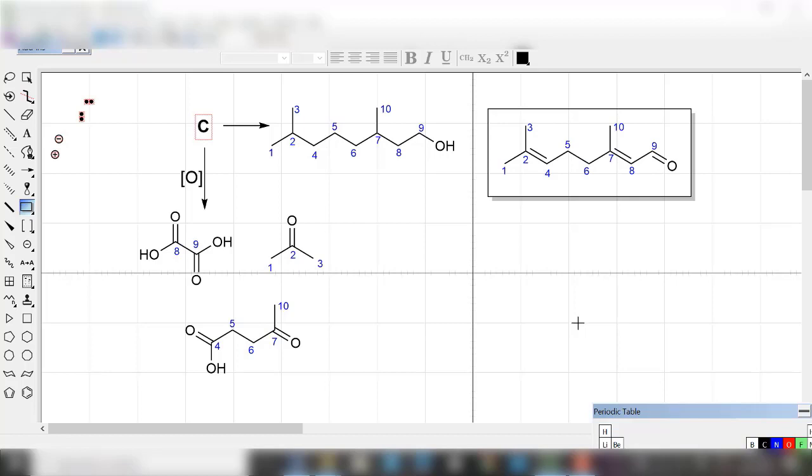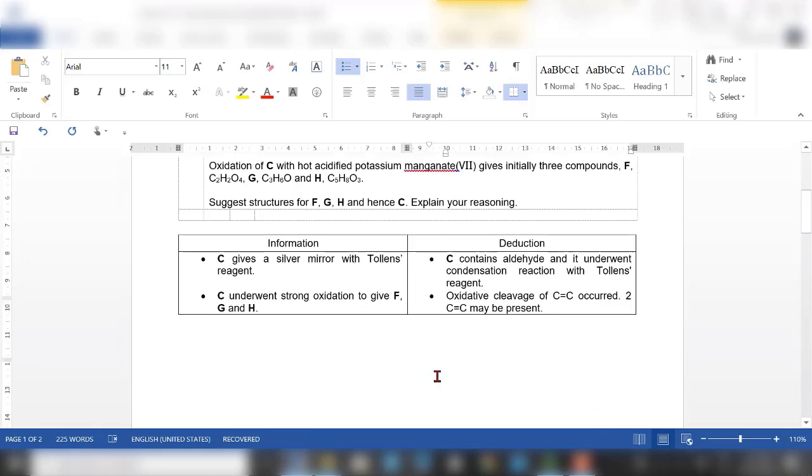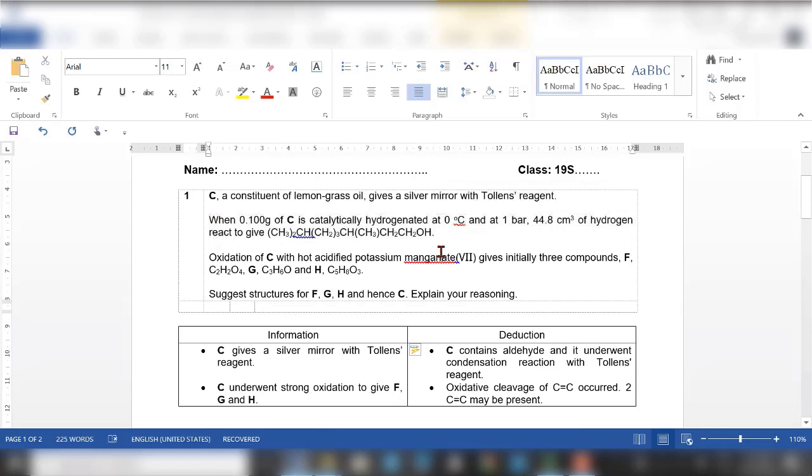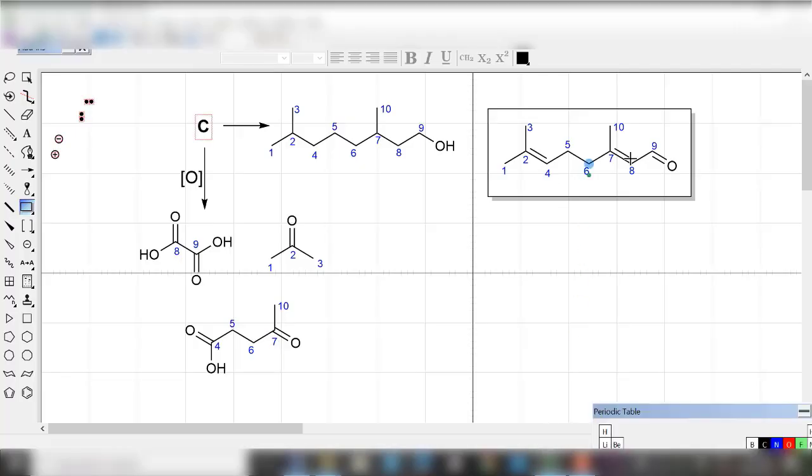The final piece of information that we haven't answered is why this piece of information is actually there: to act as a confirmation that the pi system present in C has a total of 3. How do we know that? There are 3 pi systems. The relative molecular mass of C is 152.